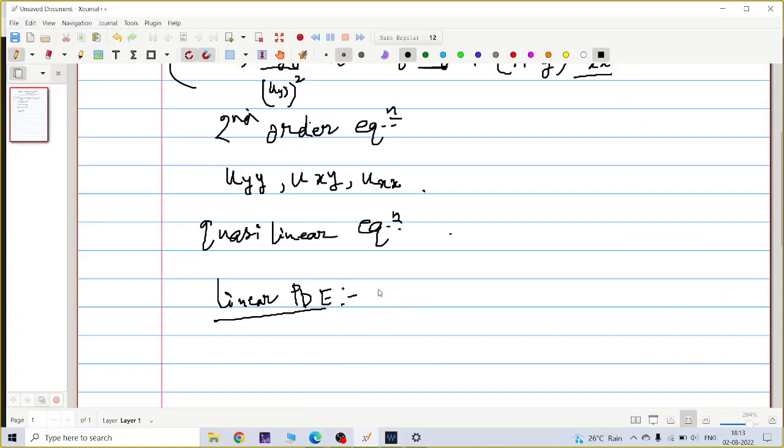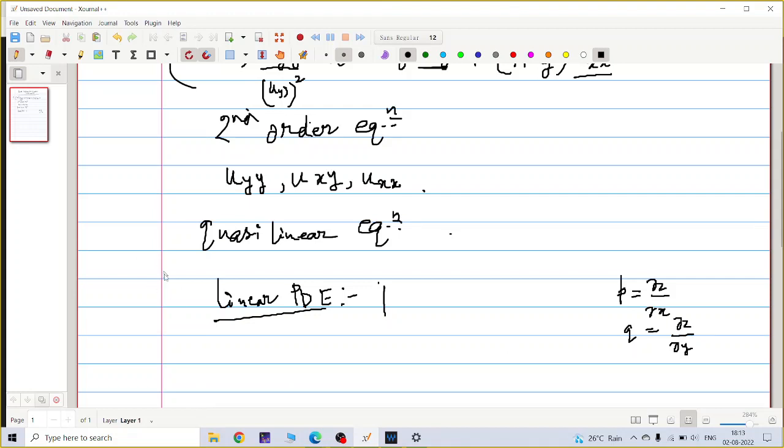Okay, I will tell this. Suppose the independent variables are x, y and the dependent variable is z. I write small p as del z del x and small q as del z del y. I am considering only first order.